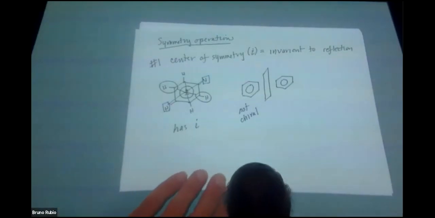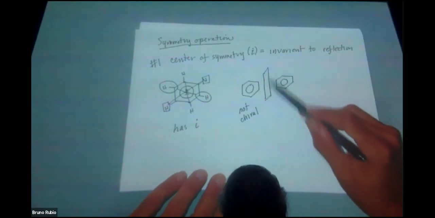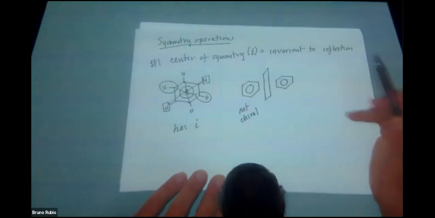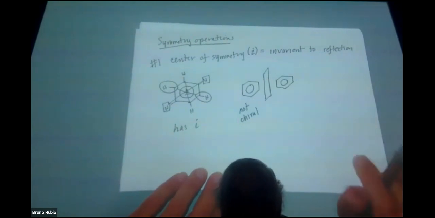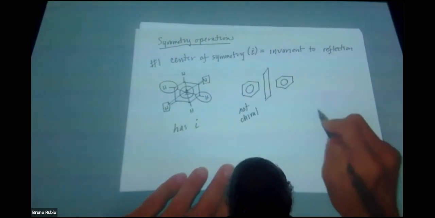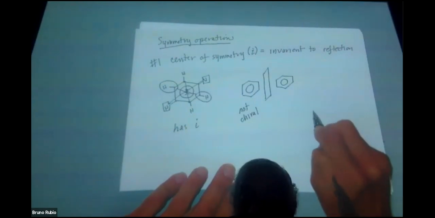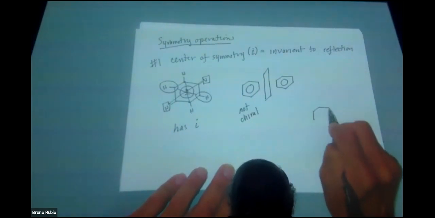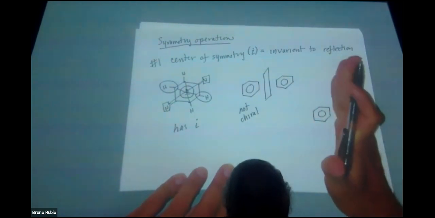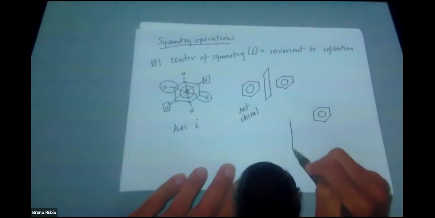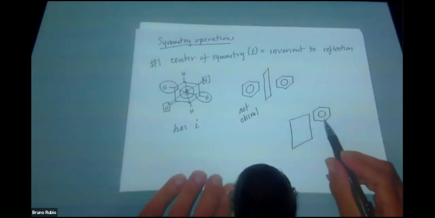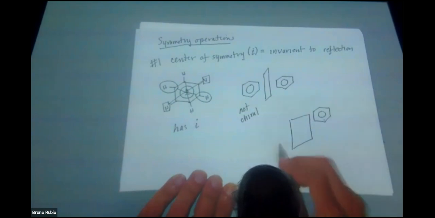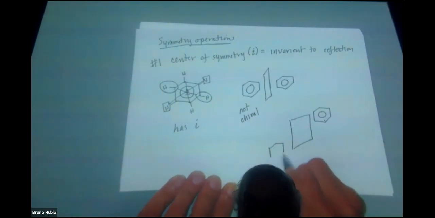Okay, so we get into the habit of liking to drop the mirror between the object and the image, but that's not where the mirror has to be. That is not required. We can also imagine this situation where we have the benzene, there's the object, and now instead of dropping the mirror here, I'm going to drop the mirror over here. This benzene looks at itself in the mirror and it sees that.